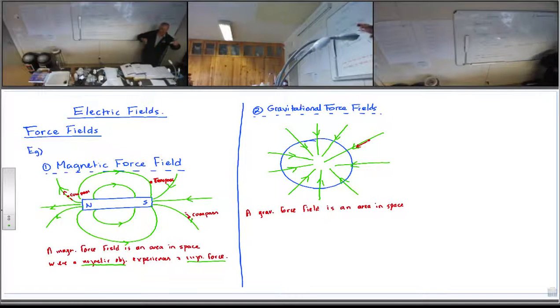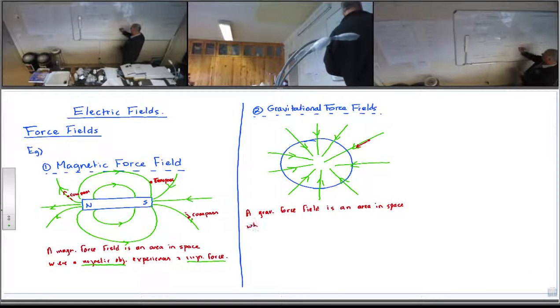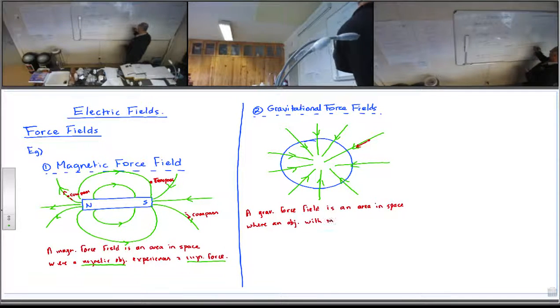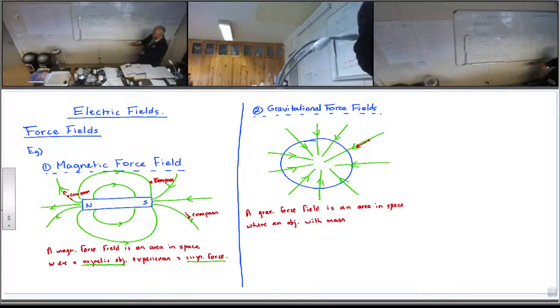Regions sound like specific areas. So it's a place, okay, where? What type of object? Where an object with mass. What type of force is it experiencing? Experiences a gravitational force.